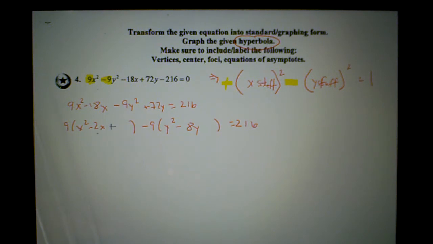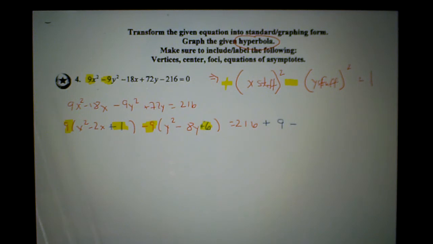Divide -2 by 2, you get -1, square that, you get 1. Divide -8 by 2, you get 4, square that, you get 16. Now, you are going to add, don't forget, you are not just going to add 1, you're going to add 1 times 9. And you are not just going to add 16, you are going to add 16 times -9. Add 9 times 1. Add -9 times 16.